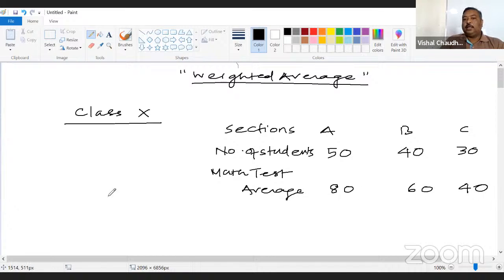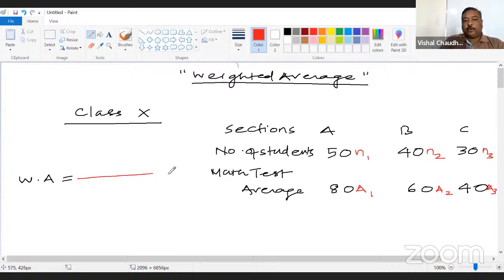Now understand, the principal says find out the class average, that is the class 10th average. So what will we do? For that, we need the weighted average. Weighted average is equal to, let's consider these as N1, N2, N3 and average 1, average 2, average 3.